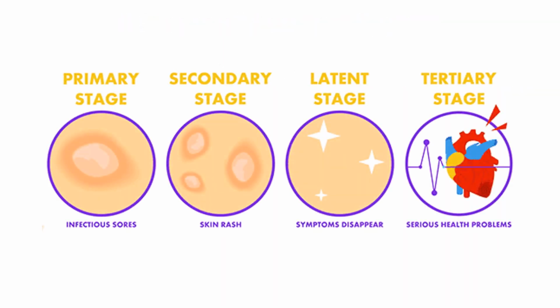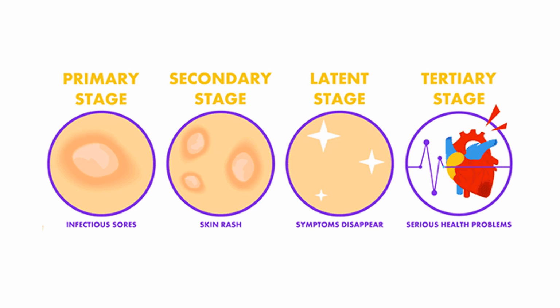So to conclude the 4 stages of acquired syphilis, the primary stage happens after 90 days of infection. It's known by the infectious sores or the chancres that appear on genitalia and the mouth. The secondary stage happens after 1 to 3 months of the primary stage, and it's known by the skin rash that appears on the palm and soles of the patient.